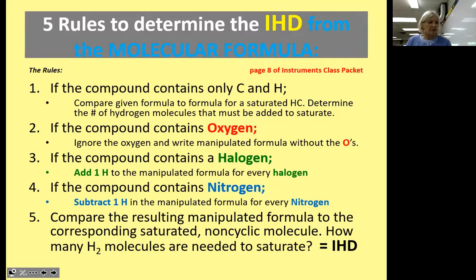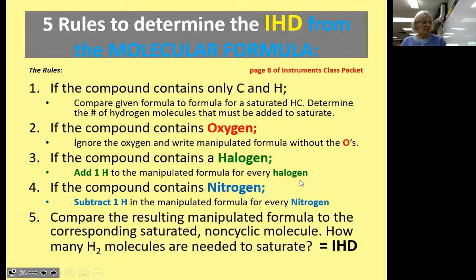Determine the number of hydrogen molecules that must be added to saturate. If the compound contains an oxygen, ignore the oxygen and go on determining how many hydrogen molecules have to be added. If the compound contains a halogen, you have to add 1 more hydrogen onto your formula.